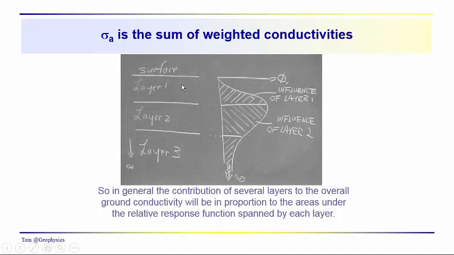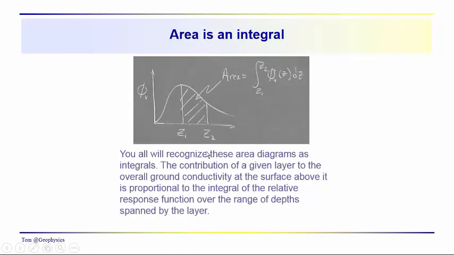Layer 1 with conductivity sigma 1 will contribute in proportion to this area, which was 1 minus R1. Layer 2 in proportion to R1 minus R2, and layer 3 in proportion to R2, which would be the remaining area under the curve. The area could be easily calculated as the integral from Z1 to Z2 of phi v of z dz. That would be one way to do it, and that would work, but it's a little bit more cumbersome.